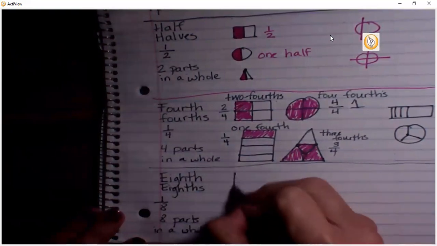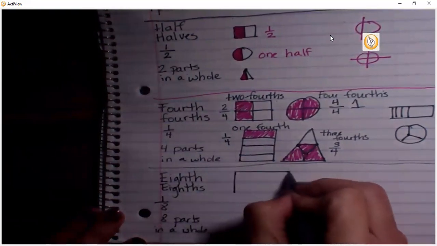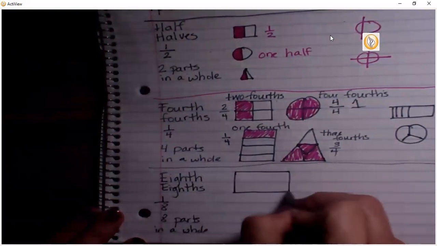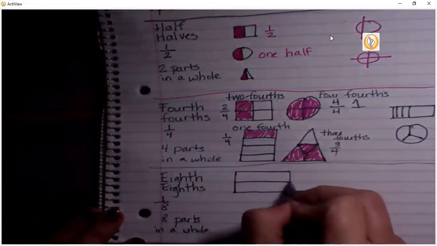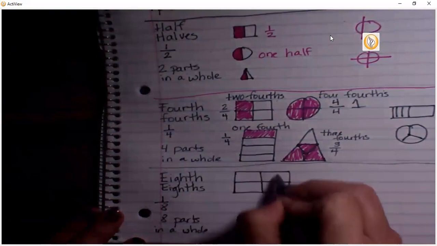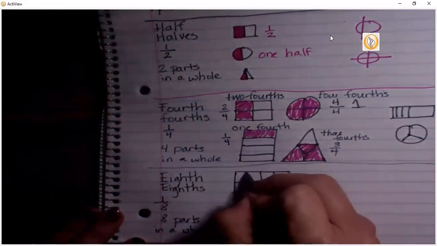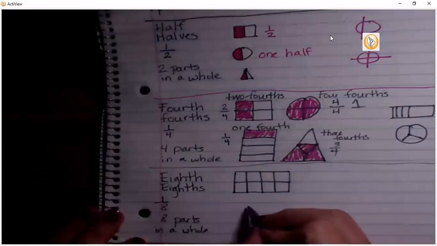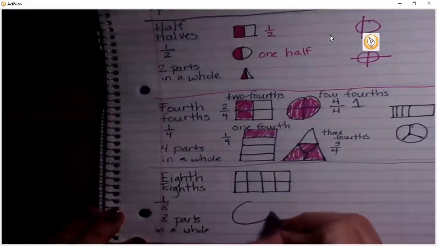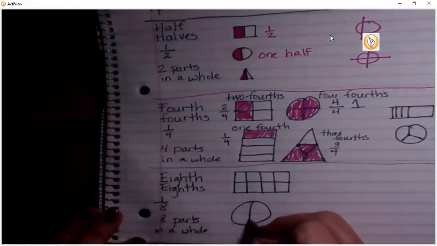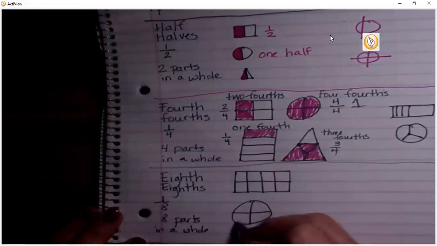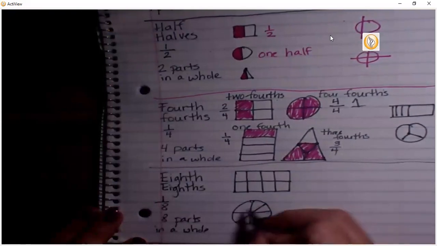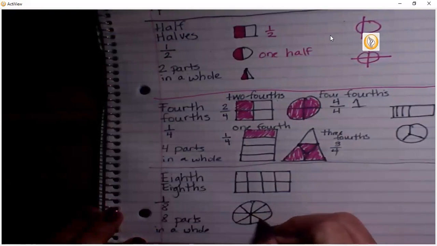To give us some examples, remember you can pause the video at any time so you can catch up on pictures or finish your notes.